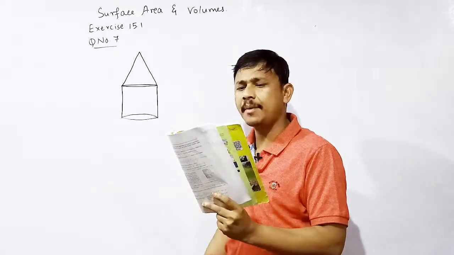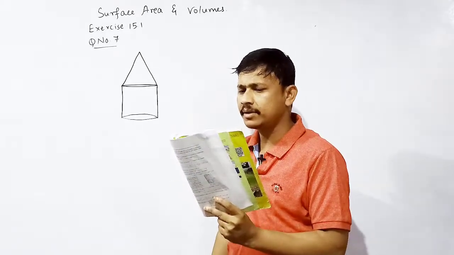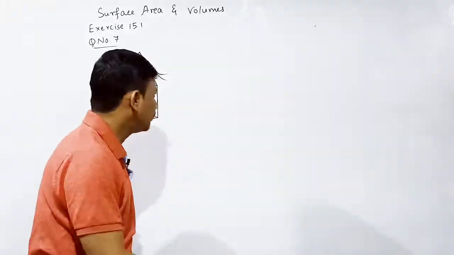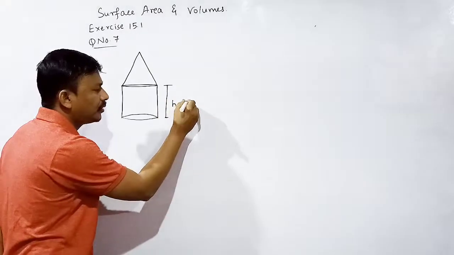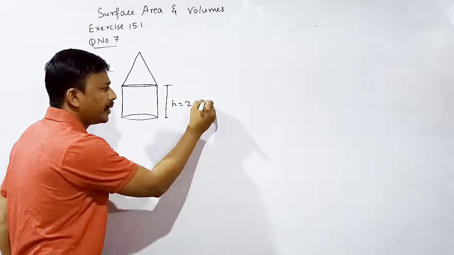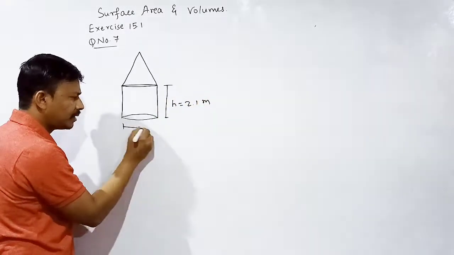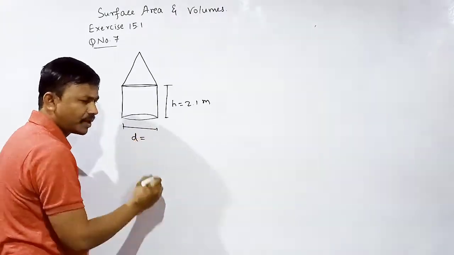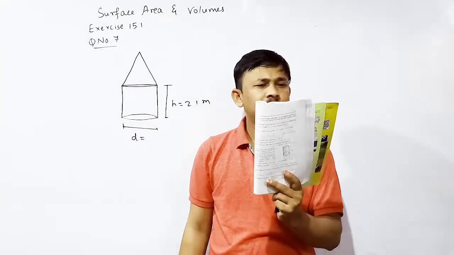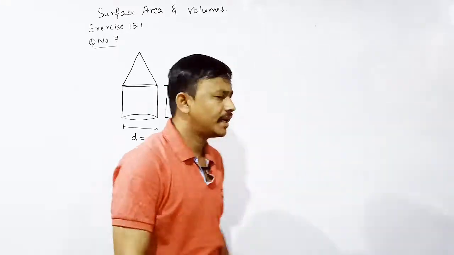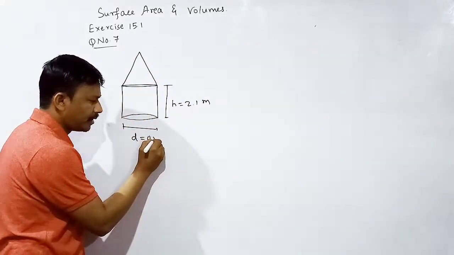If the height of the cylinder part is h equal to 2.1 meter and the diameter d is equal to 4 meter respectively.